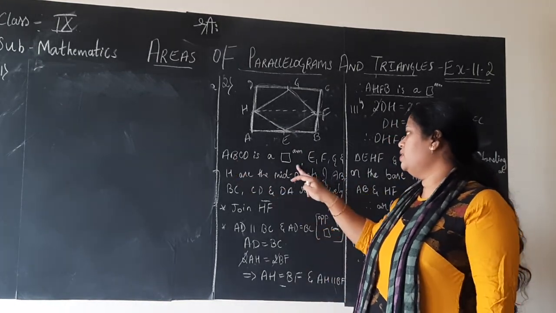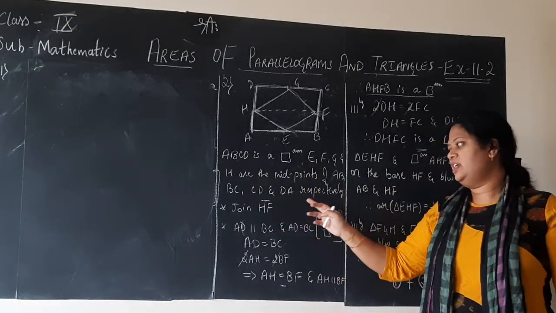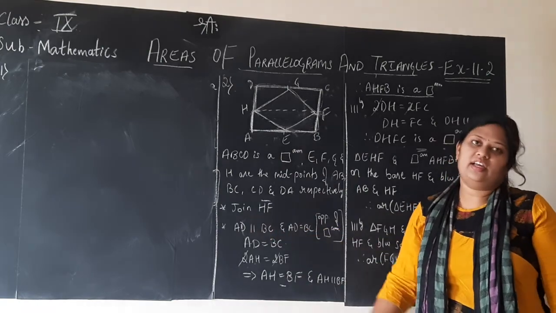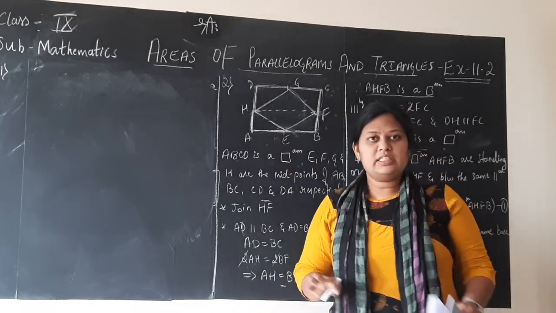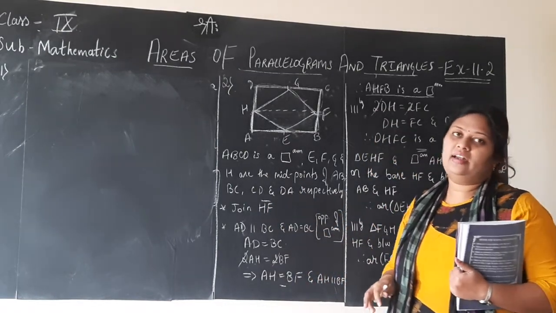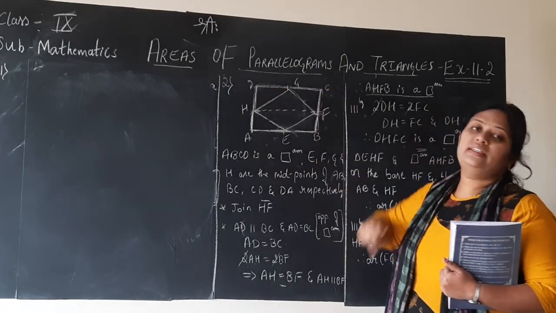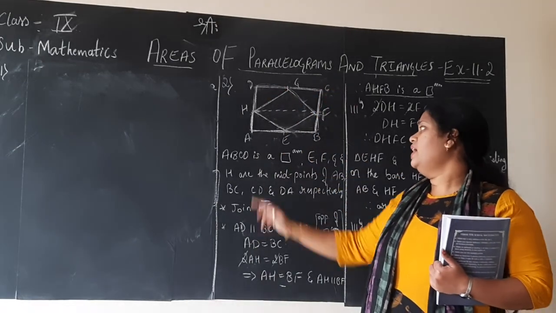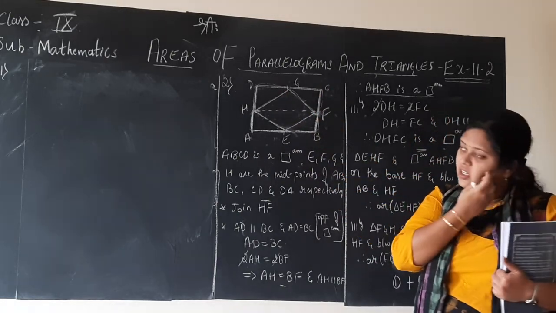So whatever we did, we should explain the figure now. ABCD is a parallelogram. E, F, G and H are the midpoints of sides AB, BC, CD and DA respectively. Join HF. We know, children, ABCD is a parallelogram, which means the opposite sides of the parallelogram are equal and parallel. So side AB is equal to side CD, as well as side AB is parallel to side CD, isn't it?